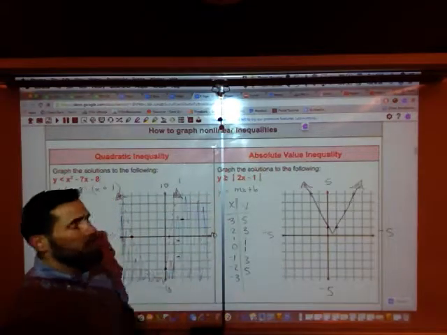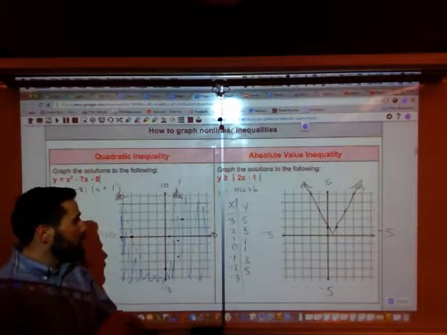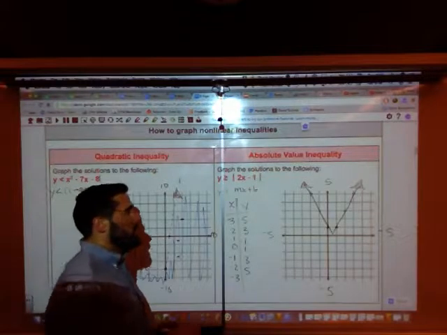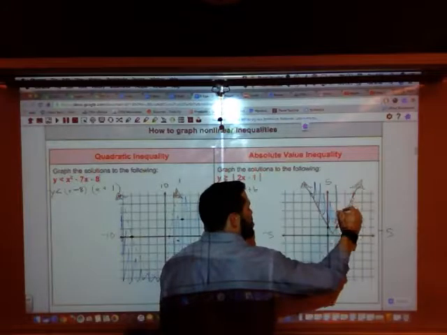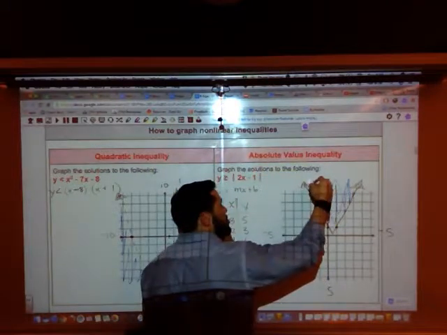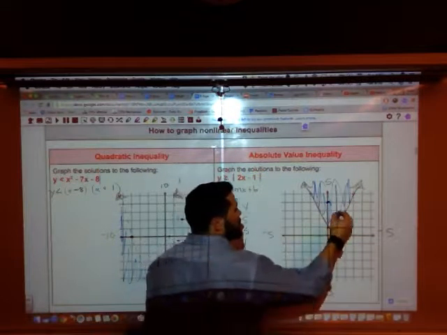And I need to make sure I have everything that is greater than this boundary line. So if I'm shading anything greater than, all the solutions would be in here. So any point in here is a solution to that inequality.